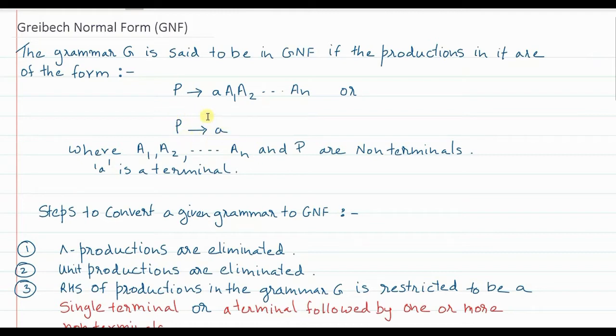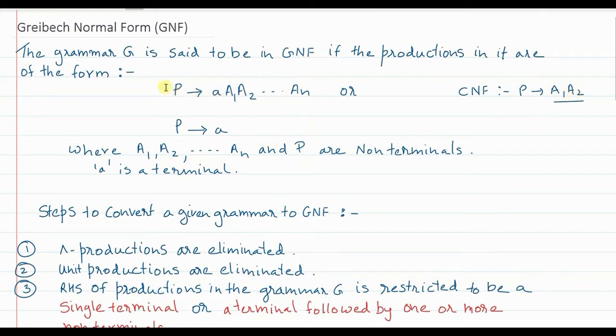So this kind of production is common for GNF as well as CNF. However, for CNF that we saw in the last lecture, the production should have been of this particular type: P gives A1 A2. That means on the right hand side for CNF there should be exactly two non-terminals and nothing else.